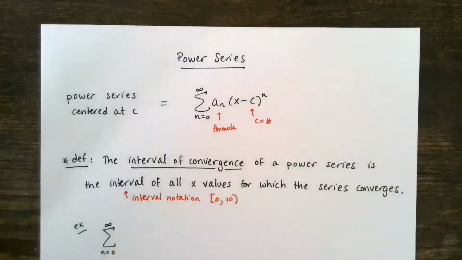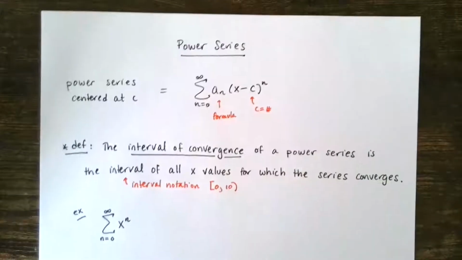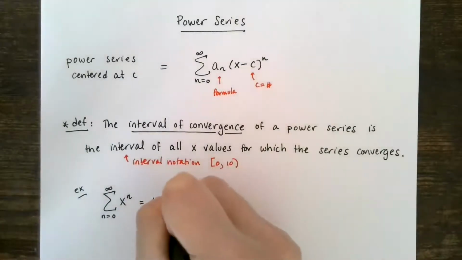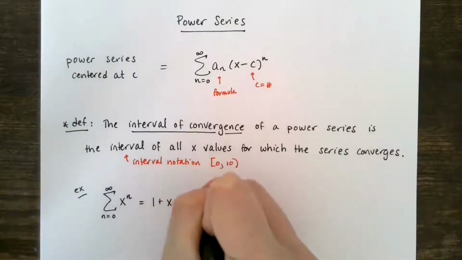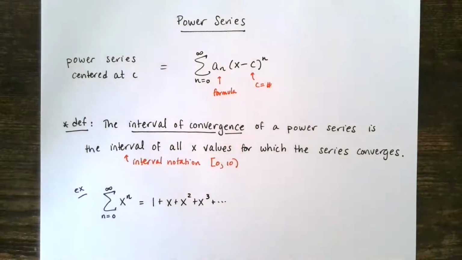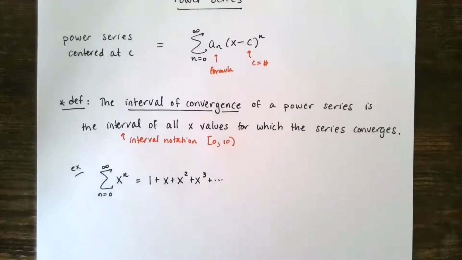The first one that we're going to talk about is one that we saw in class, just the series n equals 1 to infinity of x to the n. If you spell it out, that's 1 plus x squared plus x cubed, and so on. I want you to notice, we're starting with this particular series because we actually know a lot about series that are formed this way.